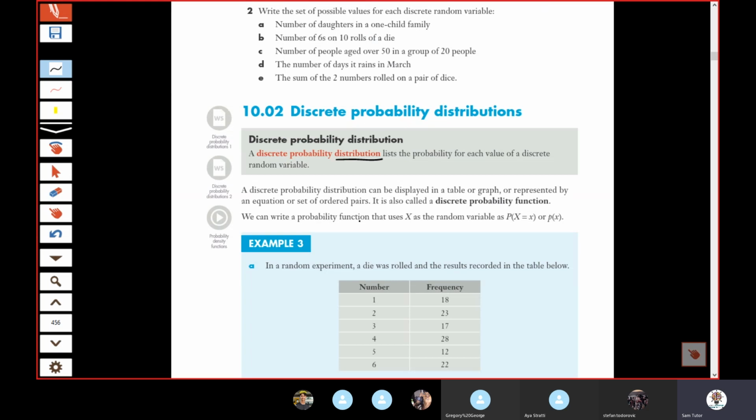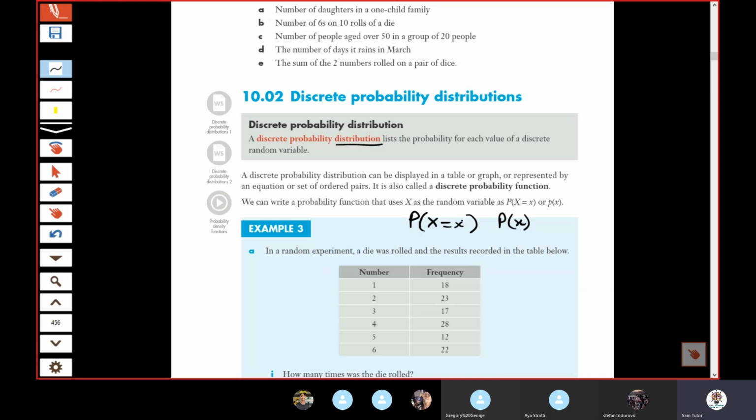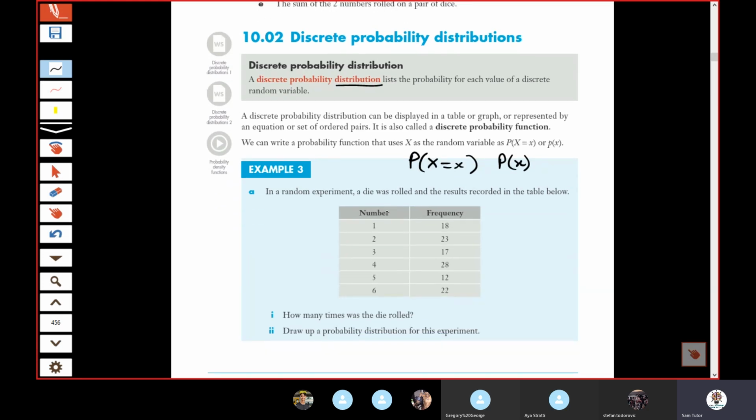We can write a probability function that uses X as the random variable as P of X equal to little x, or P of X. But don't mix up P of X with your polynomials. This is probability. Most of the time you will see us using this version. It's very straightforward.